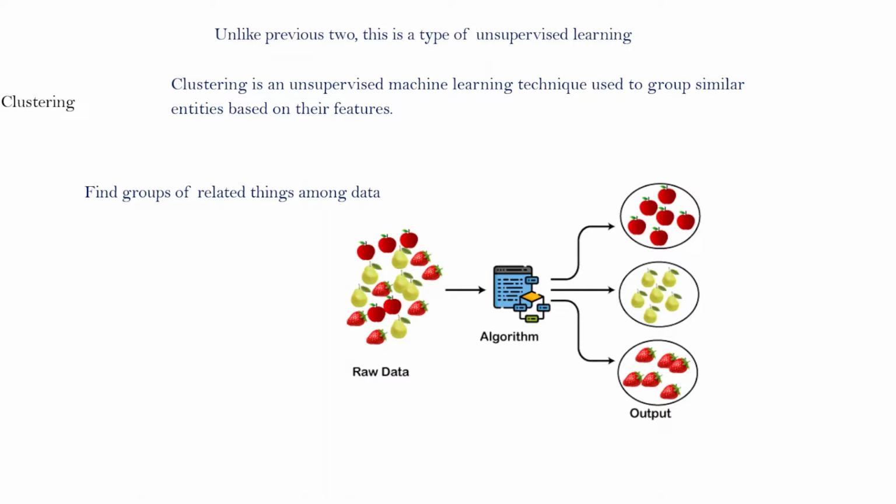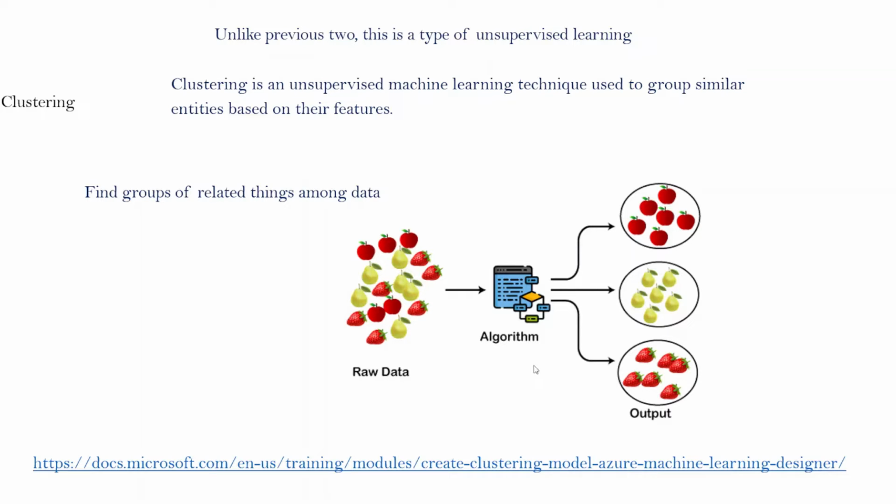Suppose we provide raw data with some berries, some peaches, some other fruit, and our algorithm clusters them. If it is an apple, then all apples together. If peaches, then all peaches together. If berries, then all berries together.